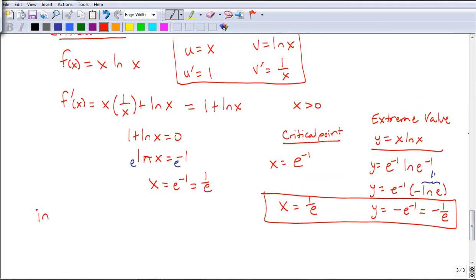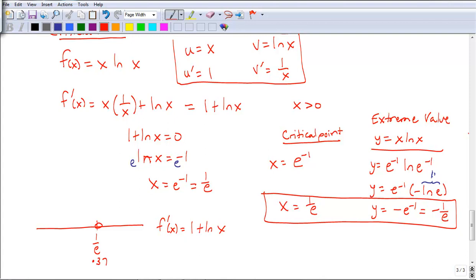And we can figure out where it's increasing and decreasing by looking at the first derivative on a number line. Remember, the first derivative is 1 plus the natural log of x. Our critical point is 1 over e. If I type 1 over e into a calculator to see where it lives, I get 0.37.